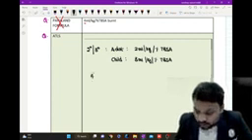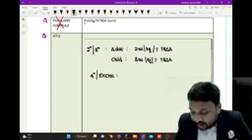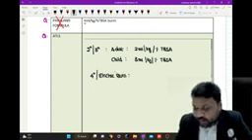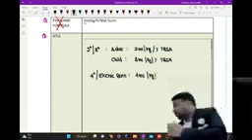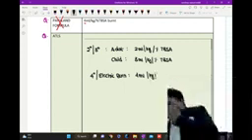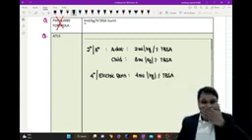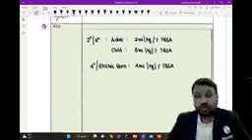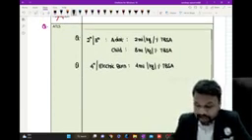If it is a 4th-degree burn or if it is an electric burn, irrespective of adult or child, I am going to use 4 ml per kg. Sorry guys, per percentage of total body surface area that is burnt. Right? So this is what we are going to follow for the fluid resuscitation, and these are your ATLS formulas, right?